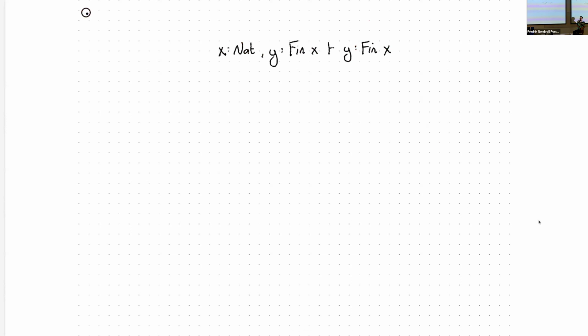It's super simple. There is a nat x in the context, and then there's a Fin x, the type of natural numbers less than x. And all it does is return this number y, which is less than x, as the program.